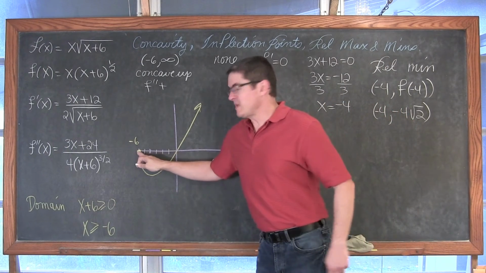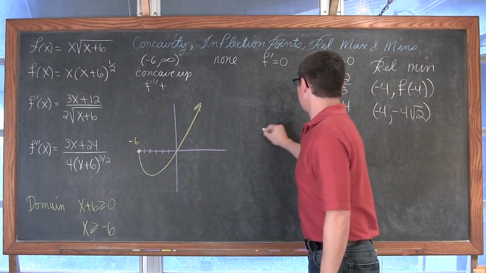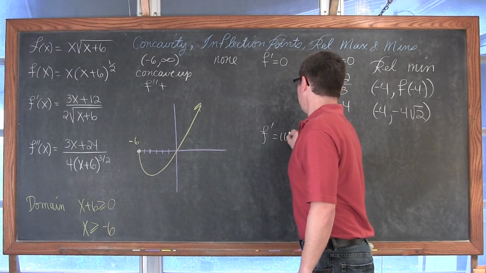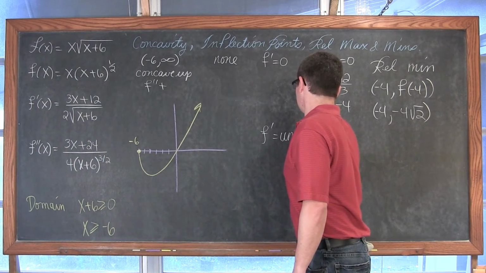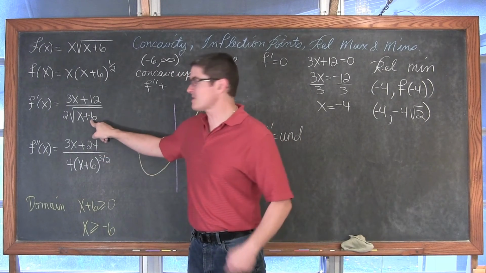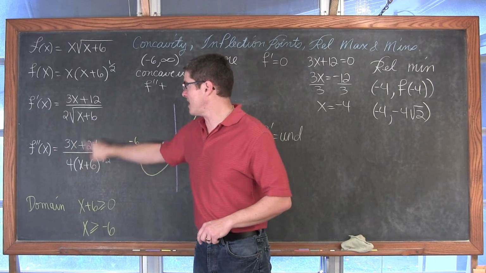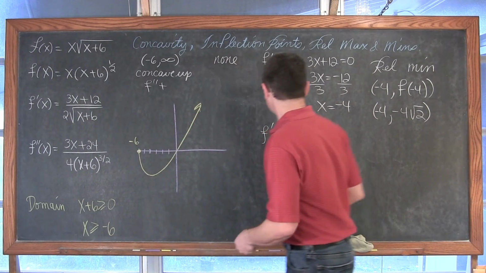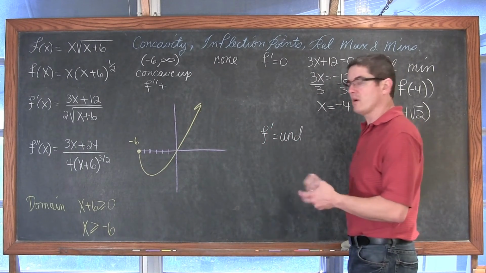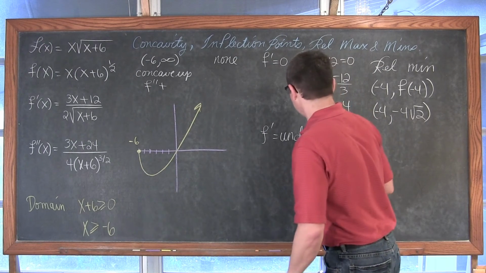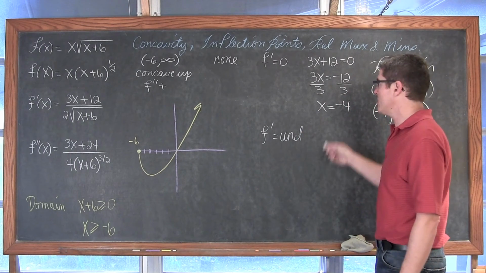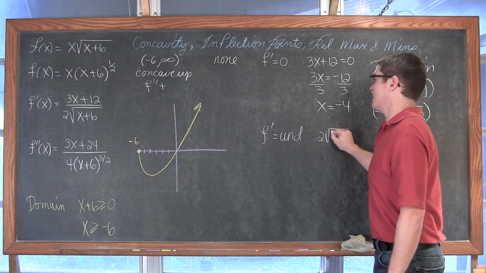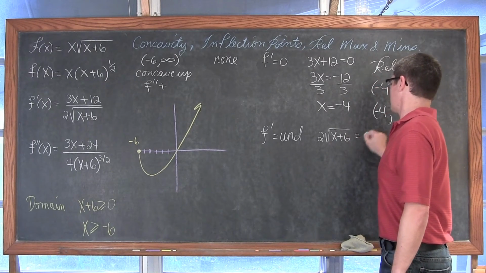Okay, now, what's going on here at this beginning part of the function? Well, our first derivative is going to be undefined. Just like our second derivative, it has the same x plus 6 in the denominator. And if you plug in -6, that's going to be undefined. So again, anytime you want to find out where your rational functions are undefined, look to see where the denominator is equal to 0. So we have 2 square roots of x plus 6 is equal to 0.